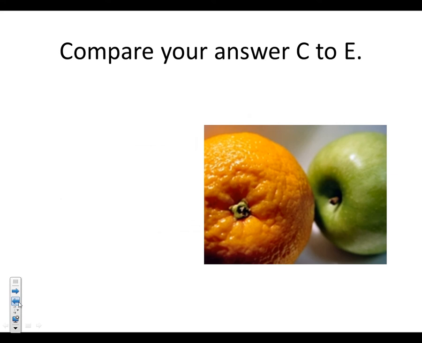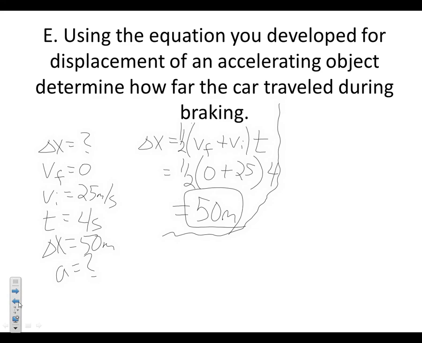So we have delta v is equal to a times t. Delta v would be 0 minus 25, equals a times 4 seconds. So you end up with negative 25 divided by 4 gives us a, and that gets us the exact same answer.